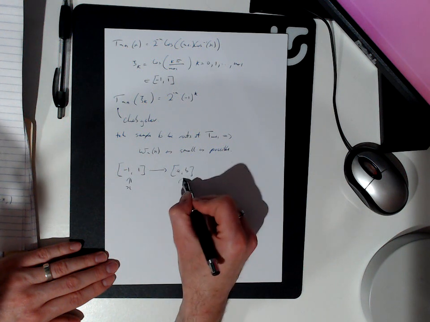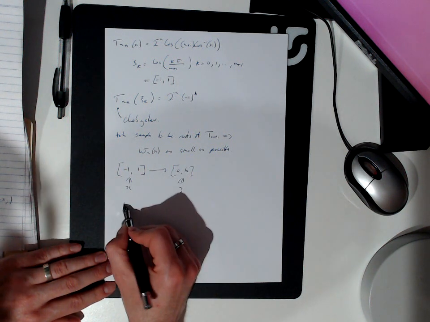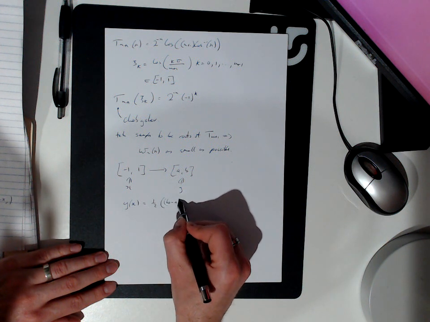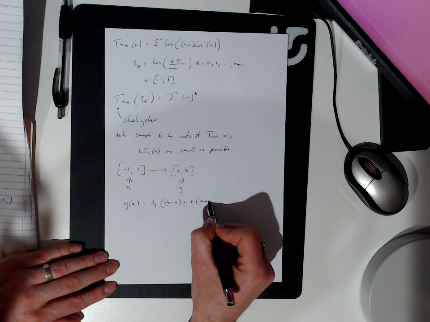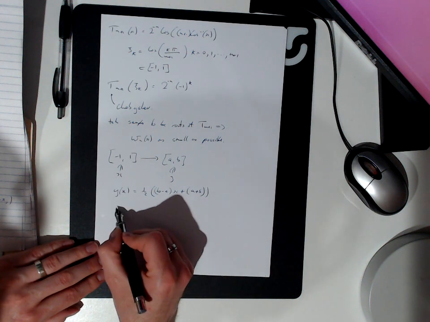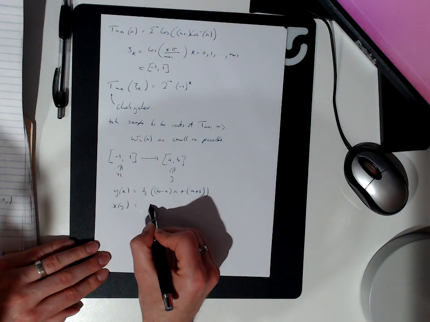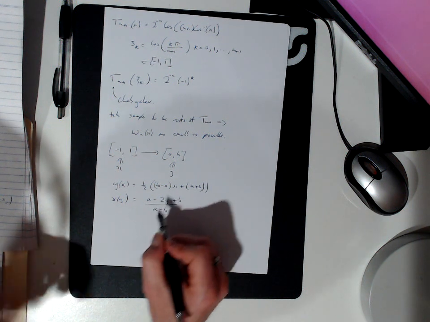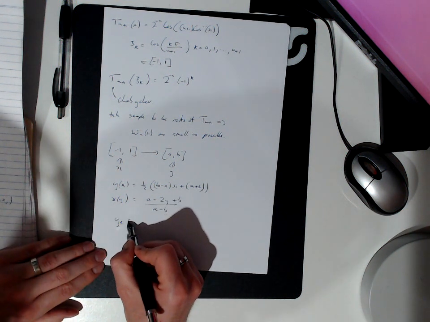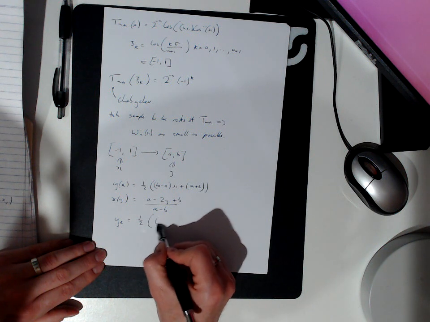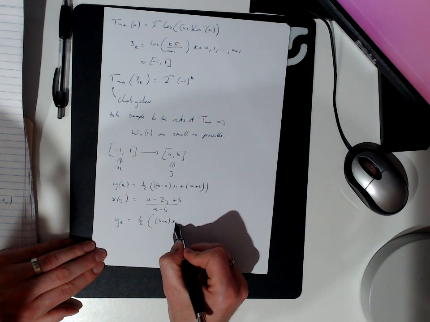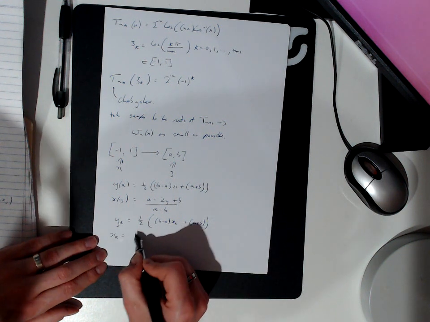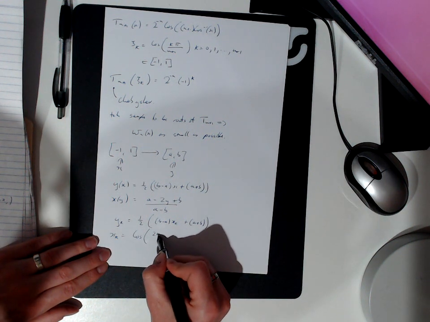If you want to do this in general, I've got my x over here, I have my y over here. Transform y of x is equal to 1/2 ((b minus a)x plus a plus b), and x of y, the inverse of this, is pretty easy. The zeros, the roots, correspond to the roots that are pretty easy to find.